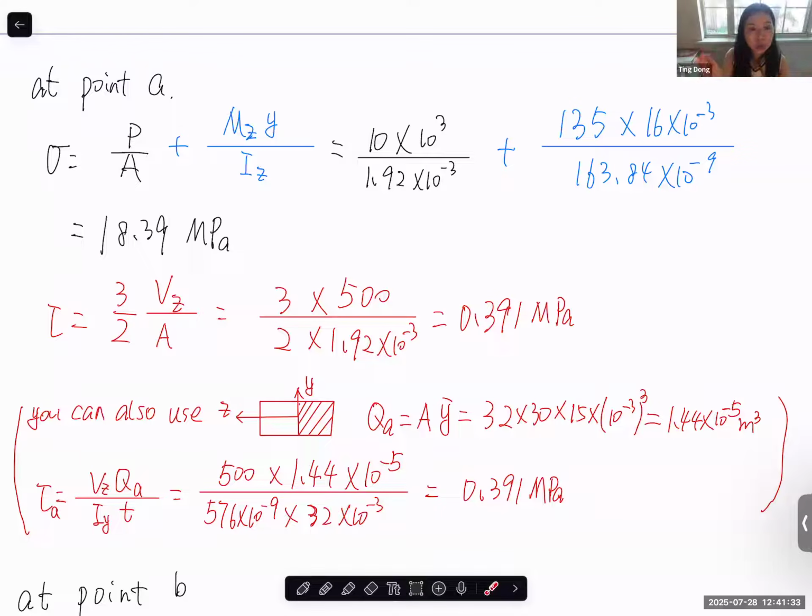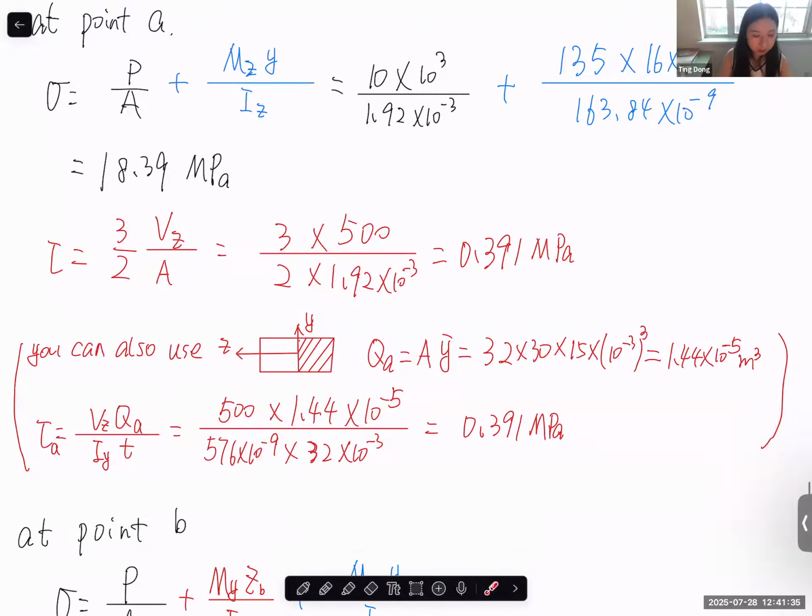Like the quiz problem, with more complicated geometry, right? For this one, let's say somehow you didn't know you can use this, you can still use the basic equation VQ over IT to derive this one. So now this half of the rectangular cross section becomes A, and Y bar is always the distance from the centroid of this area A to the neutral surface of the entire cross section.